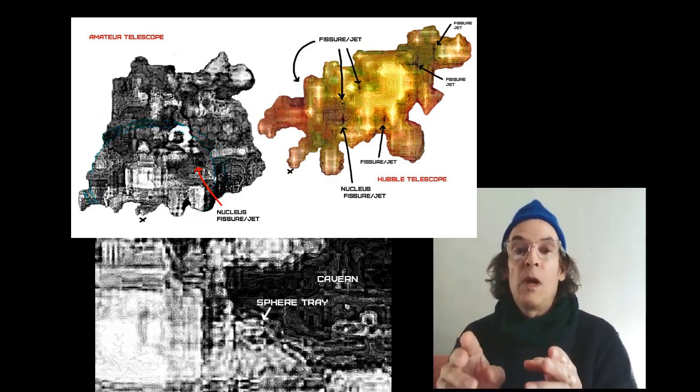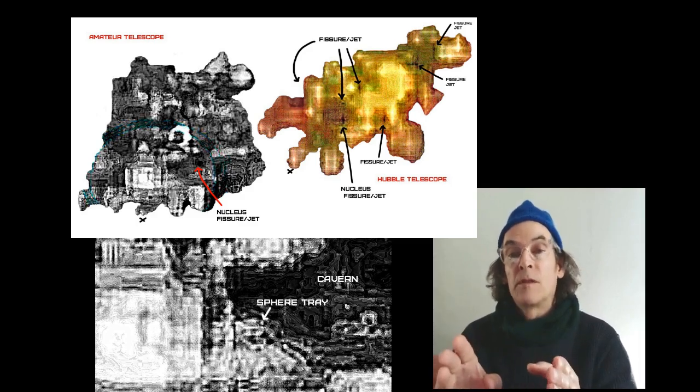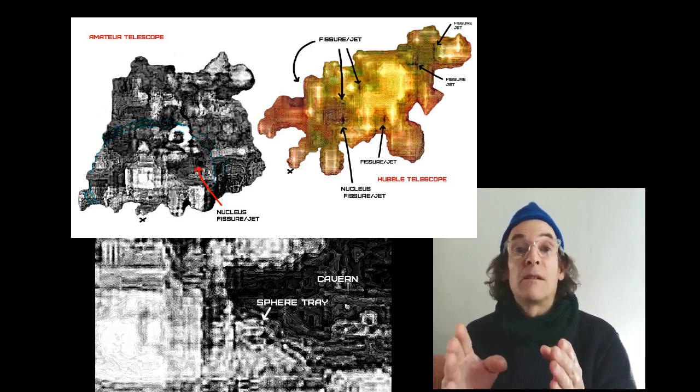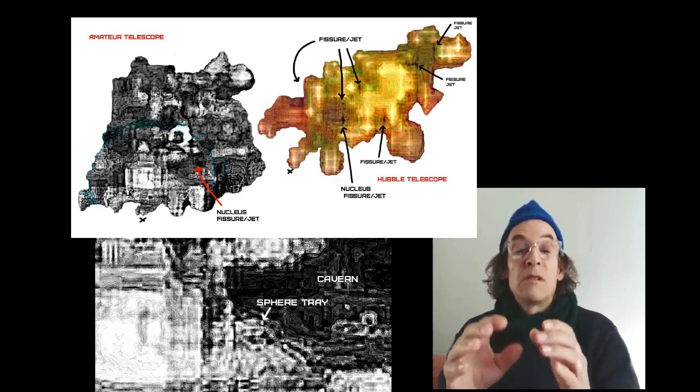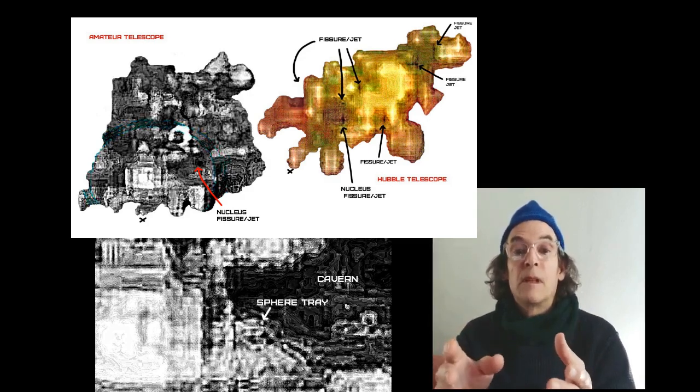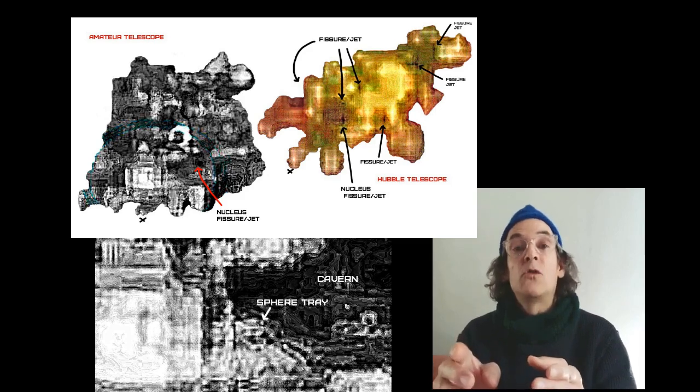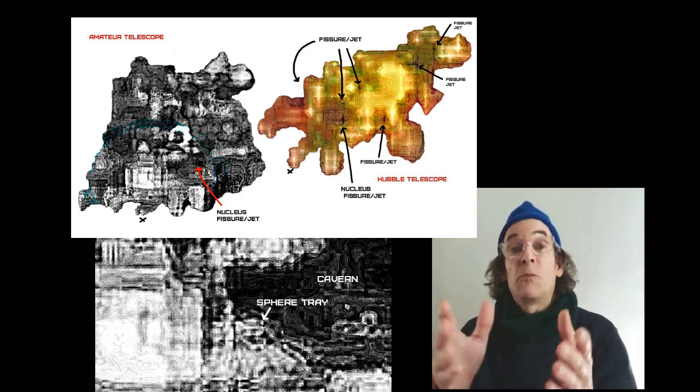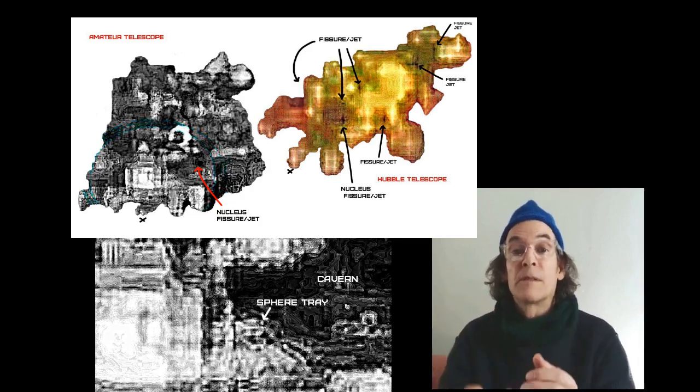I think it's important to note that in this early August 2025 Hubble shot, the nucleus is not active, because it's dark. And while in this late December 2025 Hubble shot, the nucleus is active, it's bright. You see the difference.